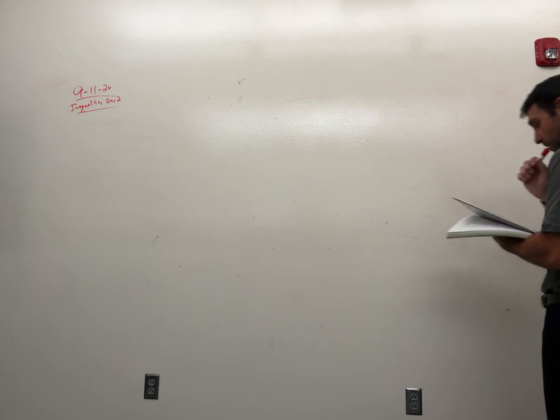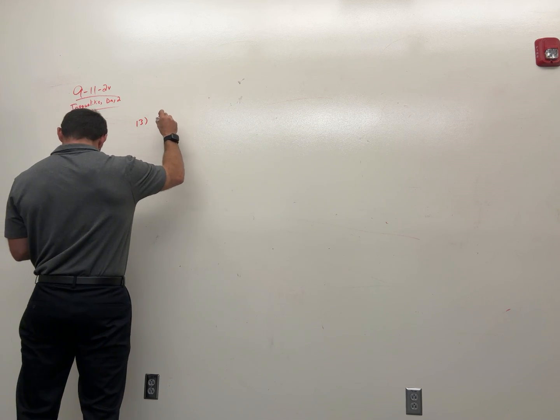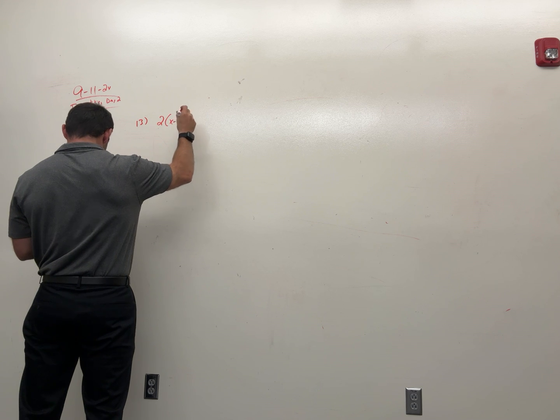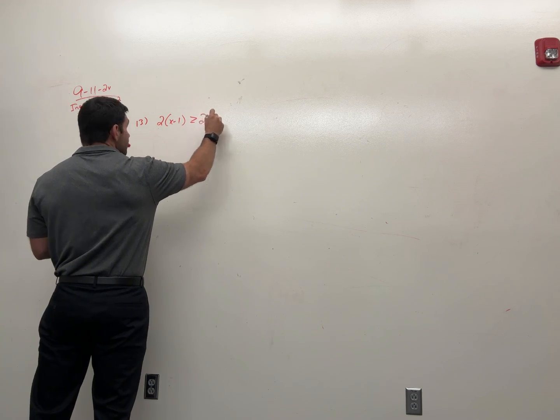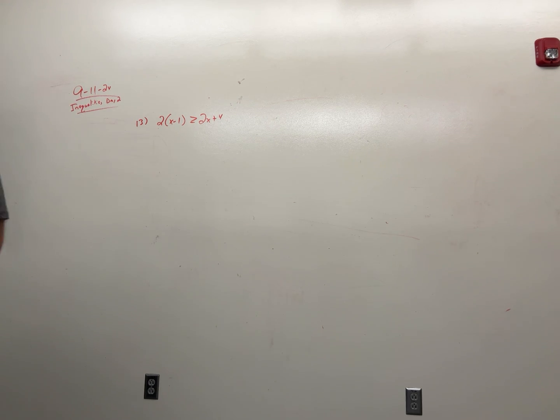Okay, so let's start with 13. 2(x minus 1) is greater than or equal to 2x plus 4. Everybody ready?